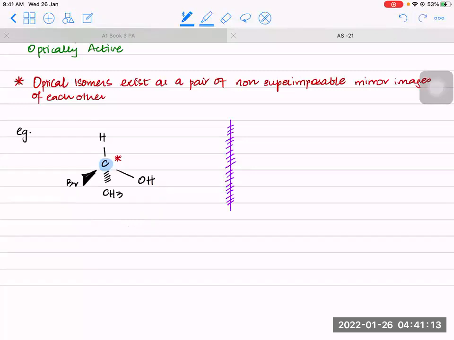This will be carbon with an H as it is. Now, the OH is to the right here, so now we will put it to the left. The CH3 comes as it is. The Br is to the left here, now we will put it to the right. And this right here becomes your optical isomers, or the mirror images of each other.